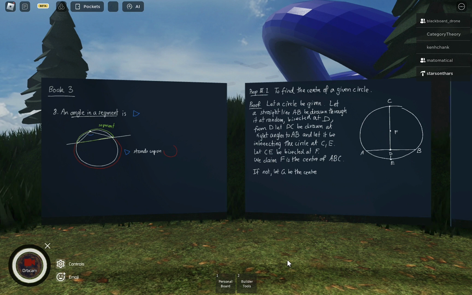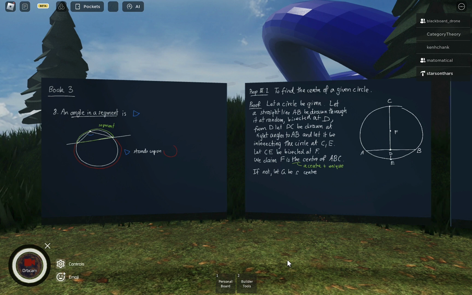So to say the center is to say that it is a center plus it's unique, right? Okay, so I think we're going to prove both. So maybe I should say not the center, but a center.